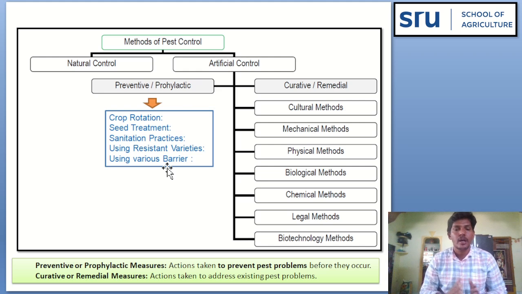Therefore, these are preventive or prophylactic. But curative or remedial measures include cultural methods, mechanical method, physical method, biological method, chemical method, legal method, and biotechnological method. Here we are taking action to address the existing pest problem.